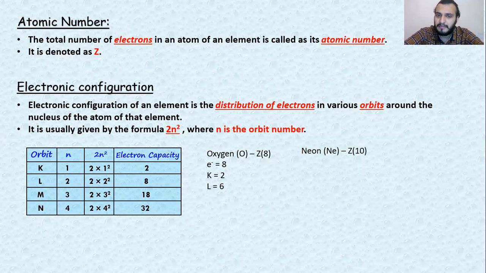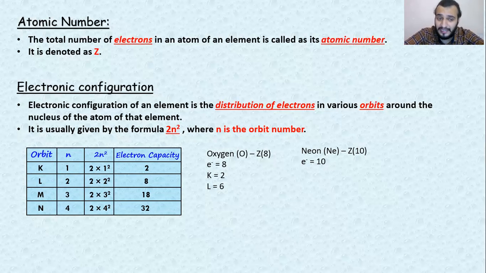Similarly, the next element is neon. The atomic number of neon is 10. Again, same, atomic number 10, hence it will have 10 electrons. And again, these 10 electrons are distributed among different shells. Similarly, as with oxygen, initially the first shell will get filled.